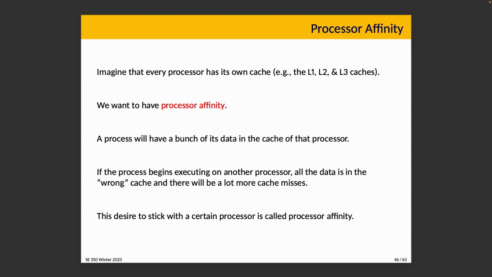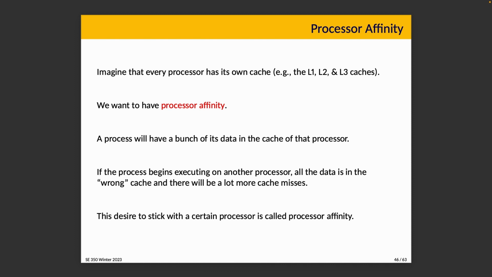If that's the case, then for maximum efficiency, things require processor affinity. Processor affinity is just saying, you are literally my favorite CPU. A process has its data in the cache of that processor. So if process A is running on CPU 2, a bunch of its pages are in the level 1 and level 2 cache for that CPU.